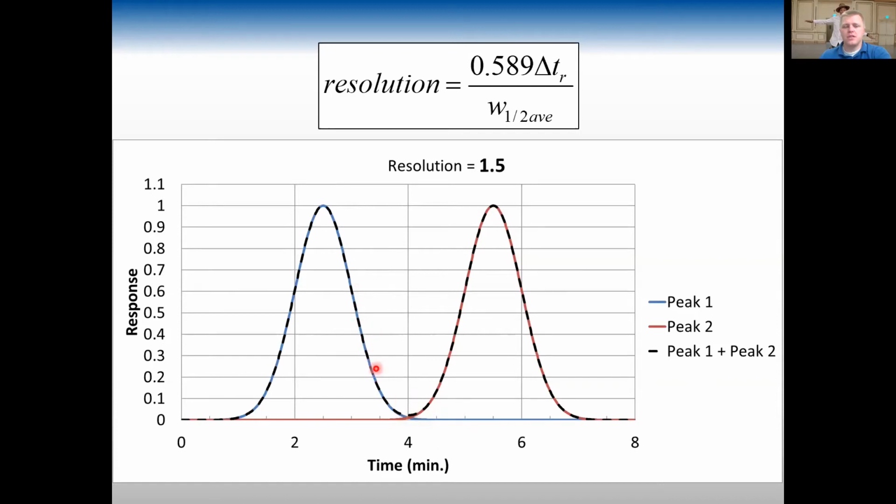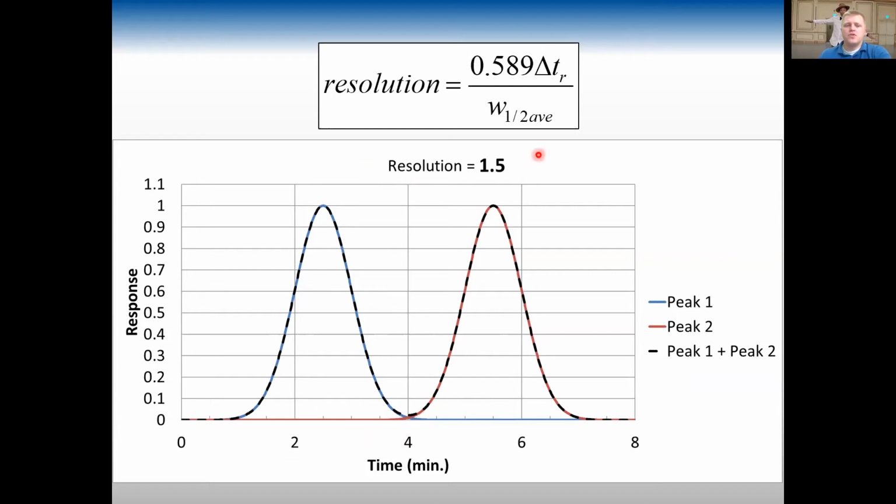Baseline resolution means that you can see the baseline in between the two peaks. Usually a resolution of about 1.5 is sufficient if you want to quantify these peaks. There's still a very small amount of crossover here, but it's usually not enough to prevent you from quantitating your analytes. I think your book might say that you need a resolution of 2 to do that, but the amount of resolution you need for quantitation is not that firm of a rule.